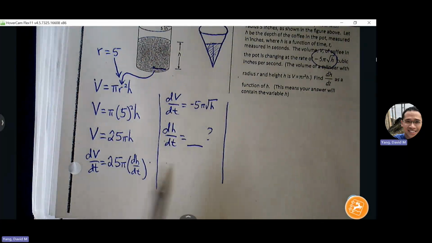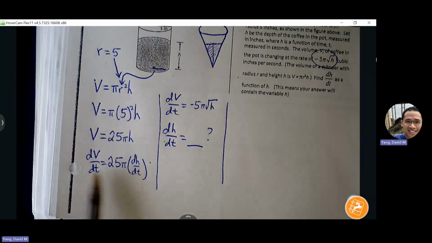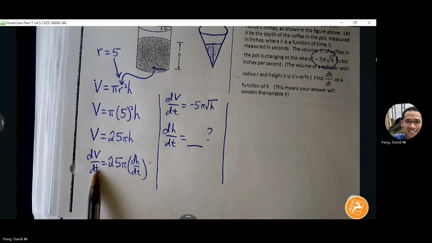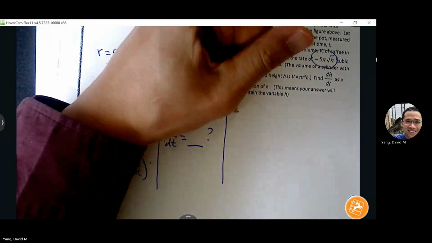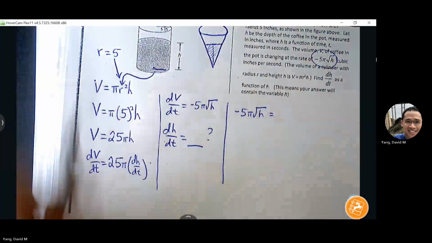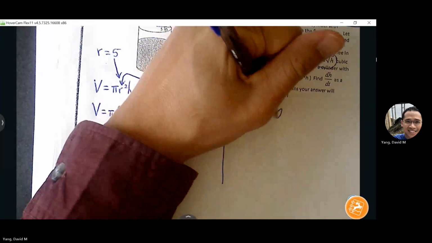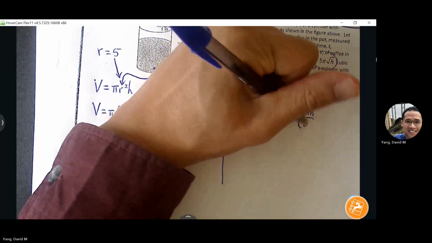Okay. Do we have dV dt to plug in? And we're solving for dH dt, so it should be pretty quick to get to our answer. So replace dV dt with negative 5 pi root H, equals 25 pi times dH dt.